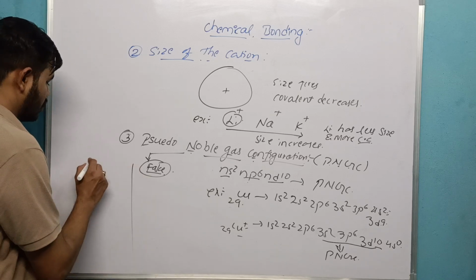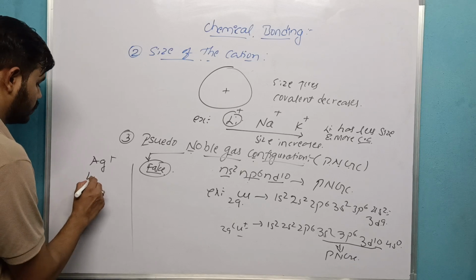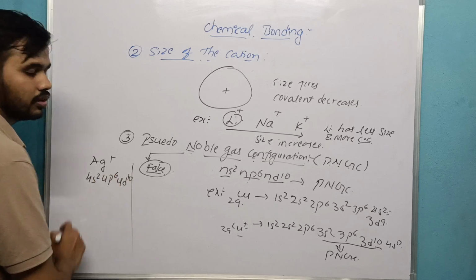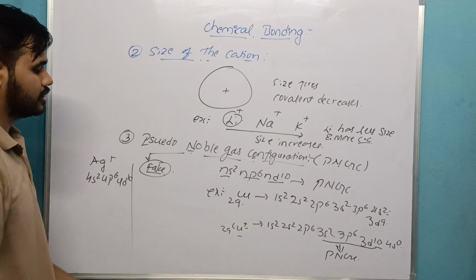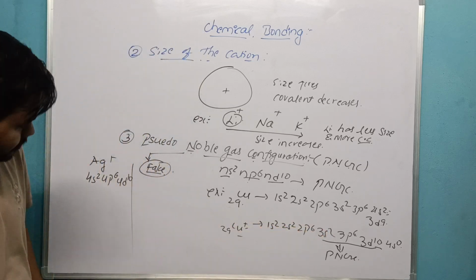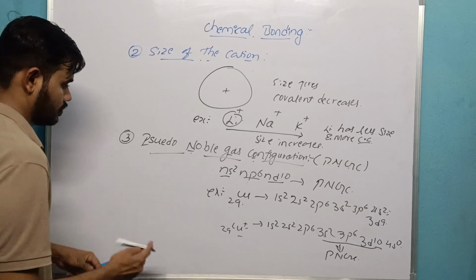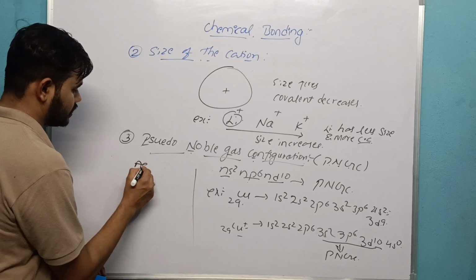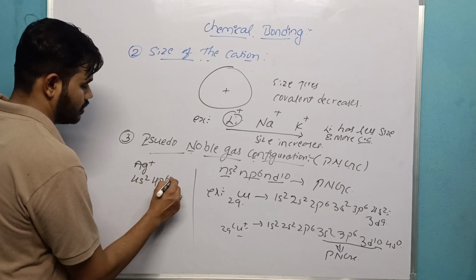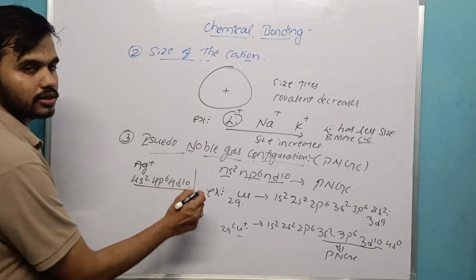Similarly, Ag plus will have 4s2, 4p6, 4d10. Like copper, Cu plus has 3s2, 3p6, 3d10. I will write here. Ag plus will have 4s2, 4p6, 4d10, pseudo noble gas configuration.